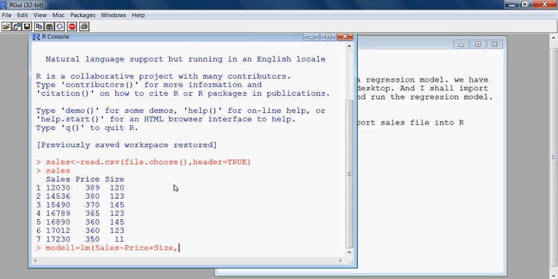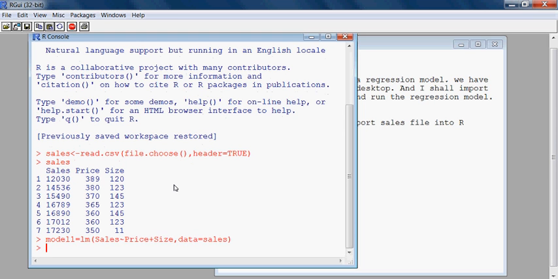Then I put a comma, then data, and our file name is cells. Then I press enter, then I write summary, model1. The name of the model is model1. Okay, I'm ready.